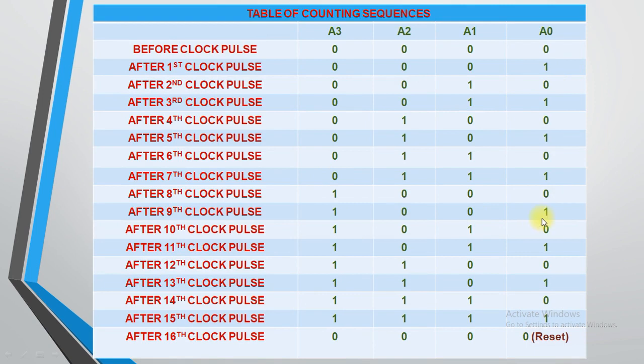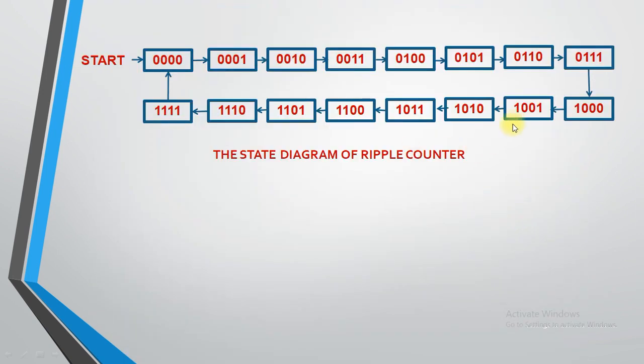Then 1001. In this way you need to write all the possible combinations related with 1. Now after reaching the last clock pulse, that means when the 15th clock pulse has been passed, you need to reset the clock.